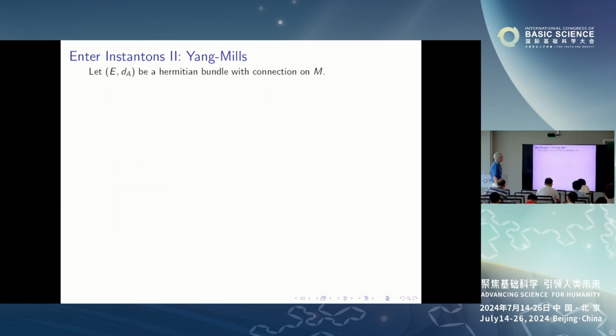So let's now bring in the Yang-Mills instantons. I'll let E be a Hermitian vector bundle, and dA a metric compatible connection on it. I'll usually not mention the metric. There's just one in the background, and my connections are always metric compatible.